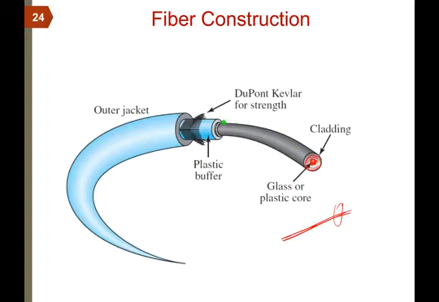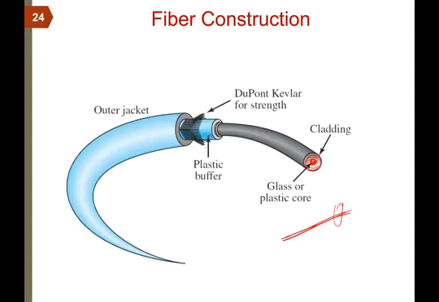So we have to protect this glass because it can, of course, be damaged. Normally you'll have some Kevlar or some steel or some different types of protection depending on the usage of the cable.